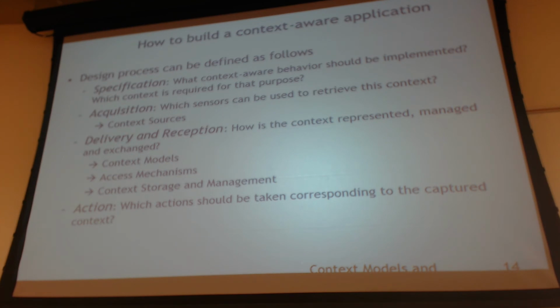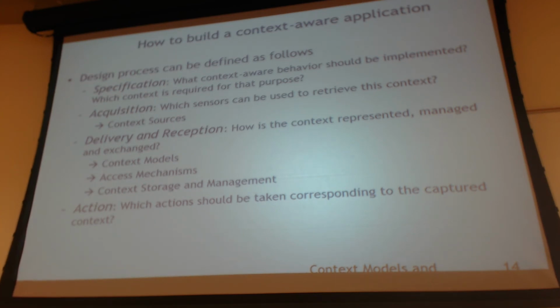Now what I want you to do is, when you are done with your project and you are writing a report on your project, right? You have to write a final report. Then whatever 20 tasks that you did, you have to identify which category of this context-aware application flow your task falls in.